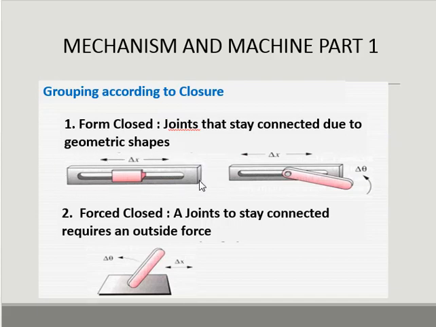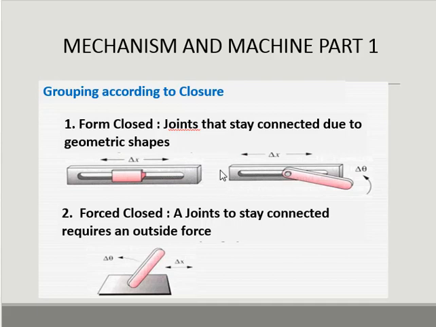For example, like this. Joint connected by geometric shape. This is y-axis direction. Have a geometric shape and only have one direction motion in x-axis.